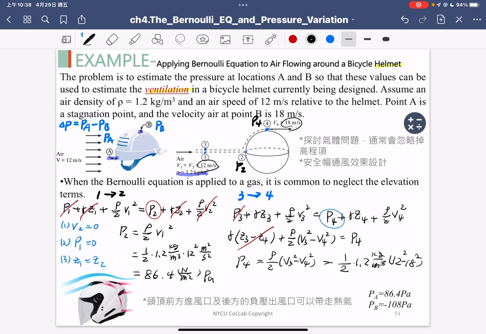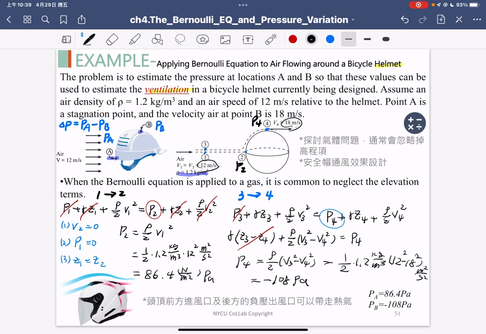And the unit is meter squared per second squared. So you can compute how large the pressure at location 4. So 12 squared minus 18 squared, and multiply by the 1.2 density and divided by 2. So it is equal to minus 108 Pa.